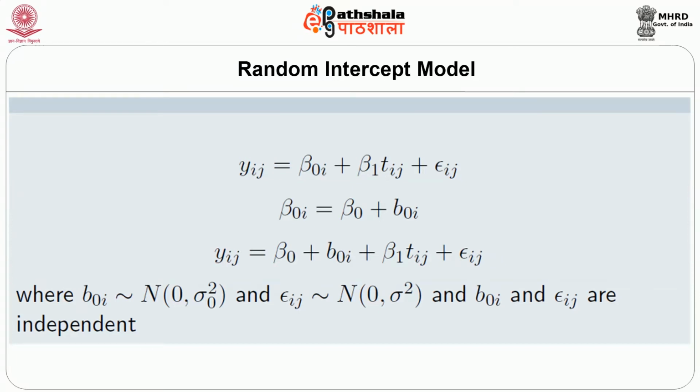So, the final formulation becomes y_ij equals beta_0 plus b_0i plus beta_1 T_ij plus epsilon_ij, where b_0i follows normal(0, sigma_0 squared) and epsilon_ij follows normal(0, sigma squared), with the assumption that the random effects b_0i and epsilon_ij are independent.